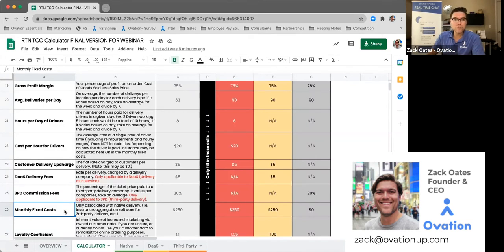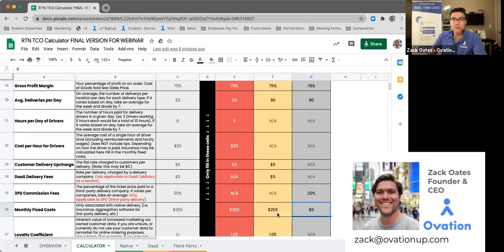Ryan talked about insurance. There may be other things, such as third-party aggregation software and different things for delivery. You can factor those in for each scenario to evaluate what it is.